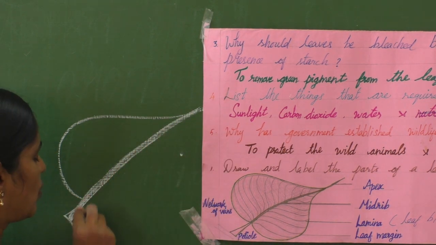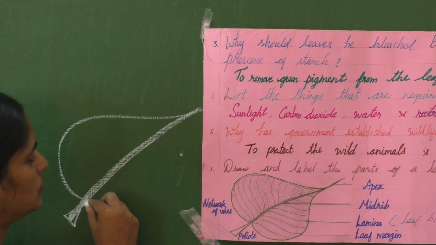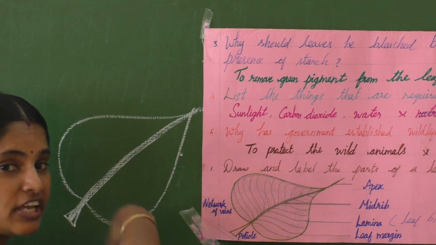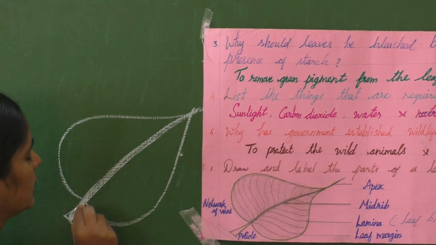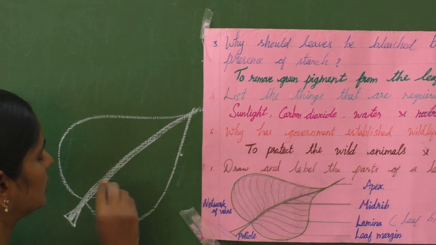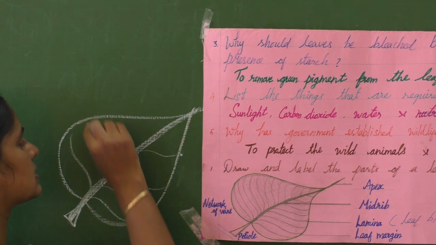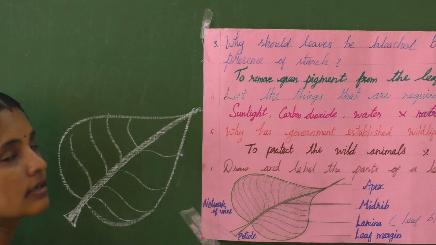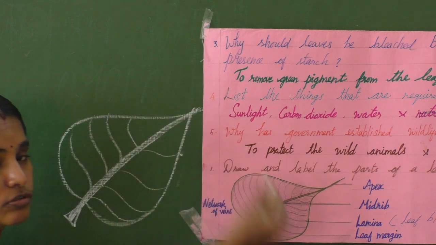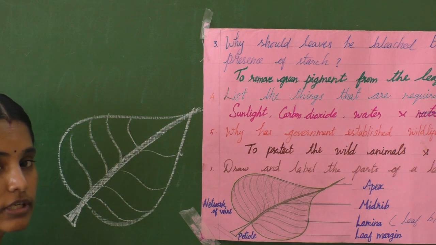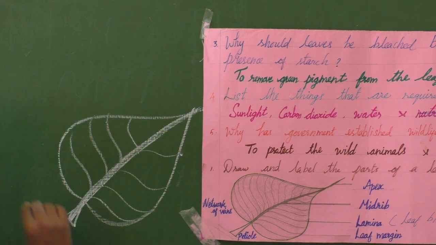Then on both sides of the center line, you put a free flow curve. Then from the center line, you draw 4 lines touching the curve line. That's all. Finish the leaf diagram.